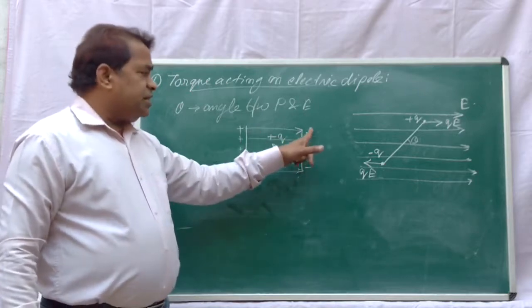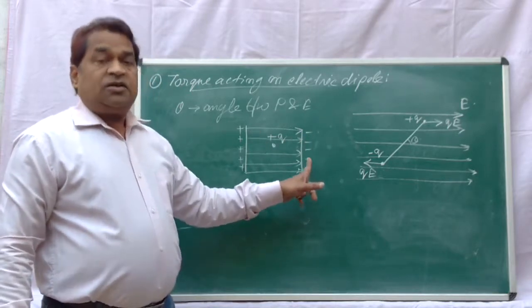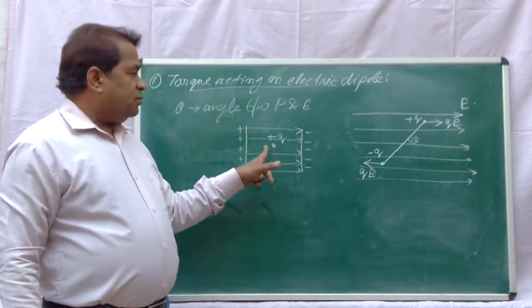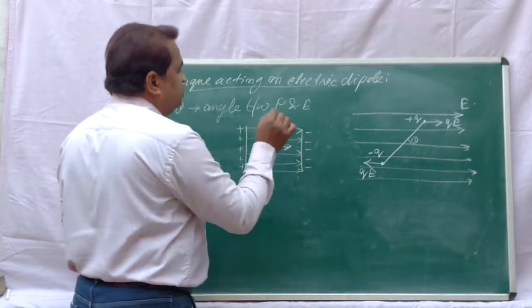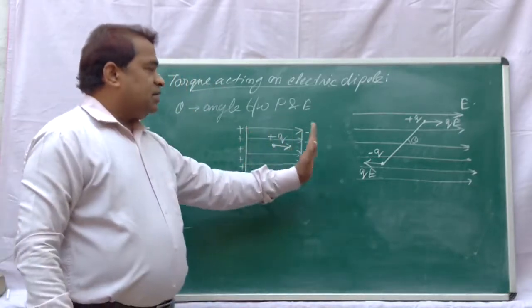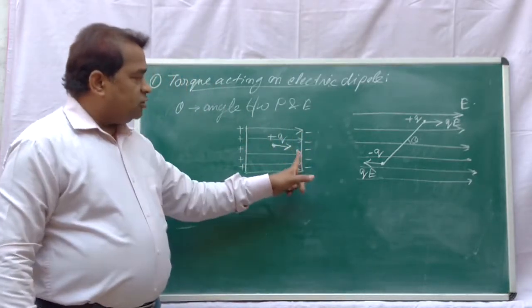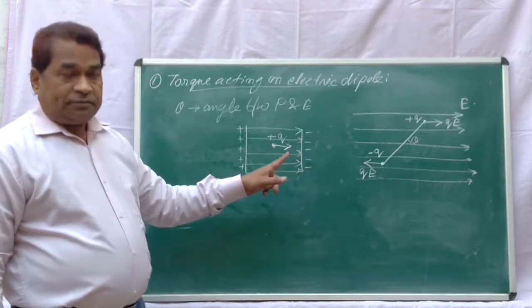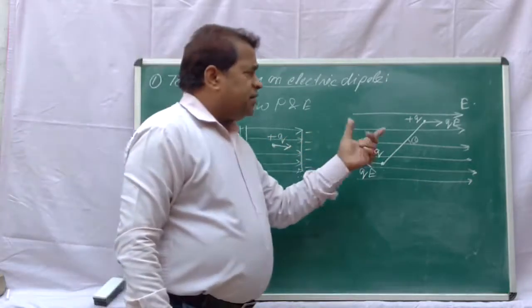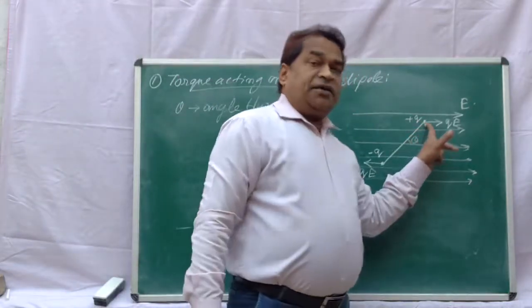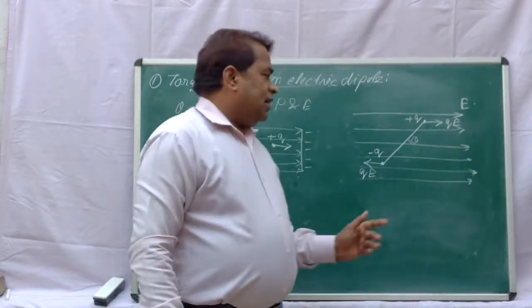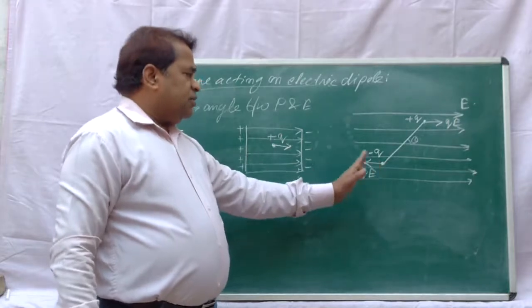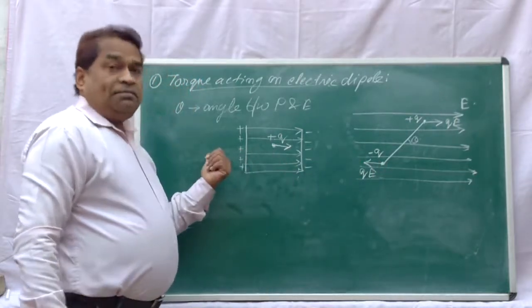Because this is a negative plate, it will obviously attract the positive charge. Hence, the force on this positive charge will be towards this side, or in the direction of electric field, right? So that is the reason. The force acting on this positive charge is towards the electric field, and the force acting on the negative charge is towards the positive.